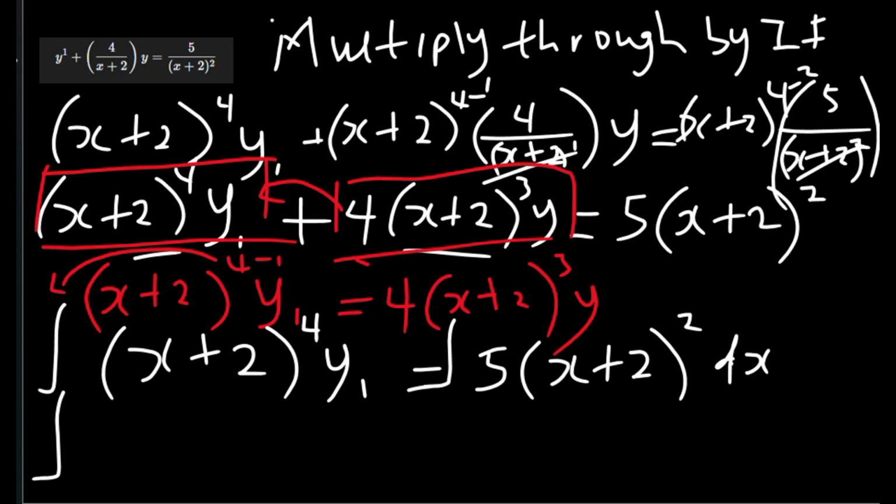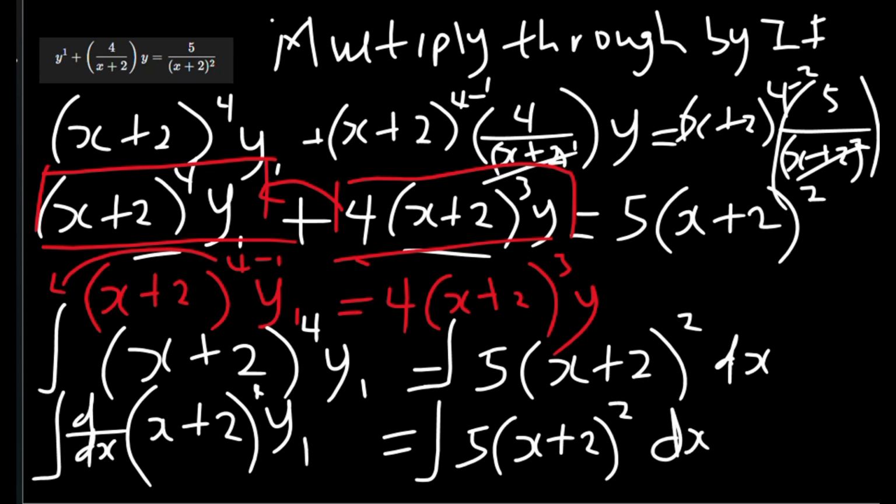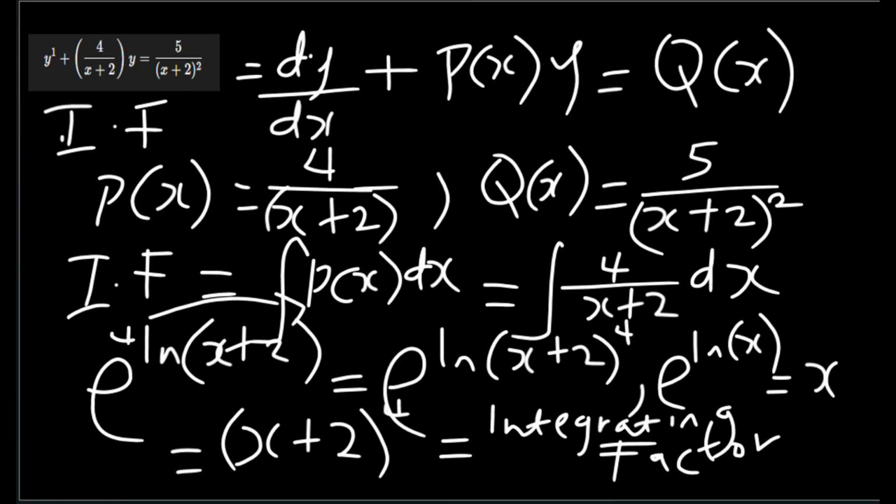So when we apply this, we have d/dx multiplied by the expression (x + 2) to the power 4, y' is equal to our integral of 5(x + 2)^2 dx. Good. Let's move to the next page and then write this there.